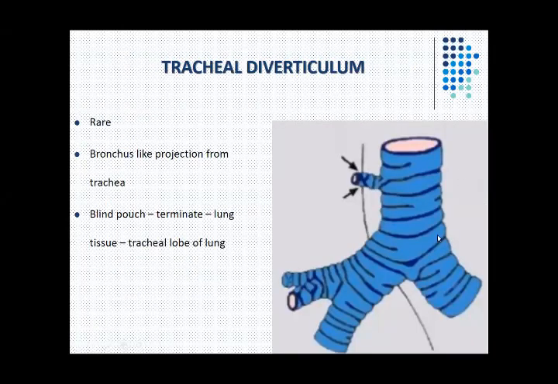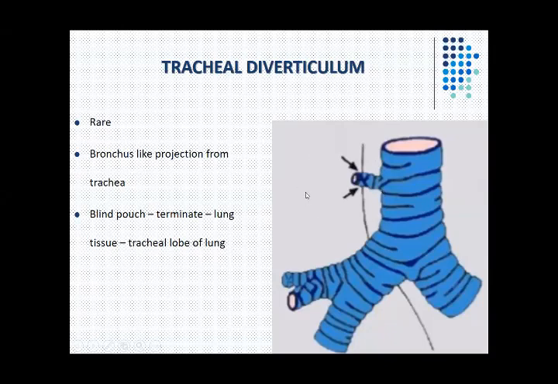Okay, this is interesting. Developing from the trachea is an outgrowth. तो ये outgrowth जो है, this is like a bronchus like projection होती है, blind-ended होती है, और इसके surrounding at times ये होता है कि this is surrounded by normal lung tissue.